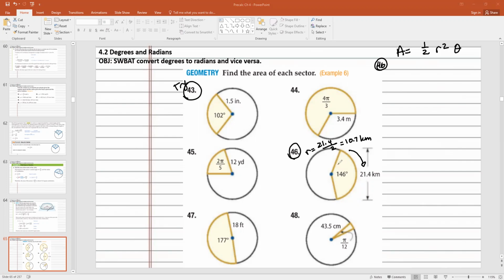That's our radius. Because remember, the radius is half of the diameter. So 10.7 plus 10.7 gives us 21.4.